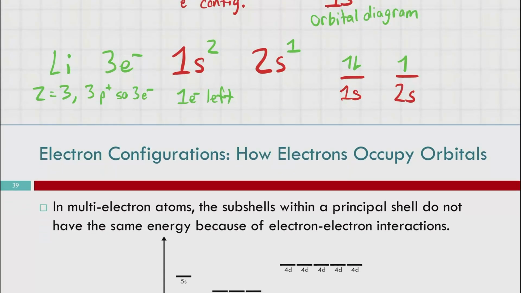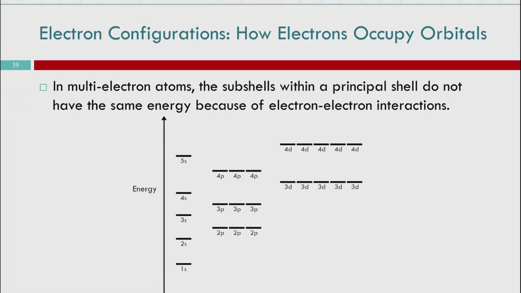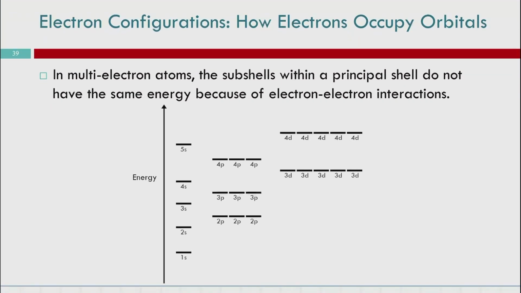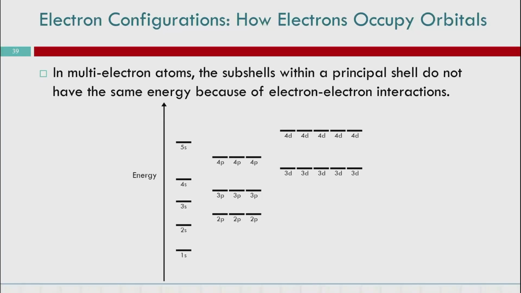All right, so when we have multi-electron atoms, our subshells don't have the same energy. Our shapes don't have the same energy because of the way that they interact with each other. This is an example of what an empty electron diagram might look like.